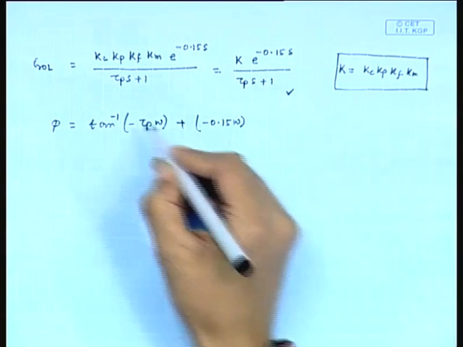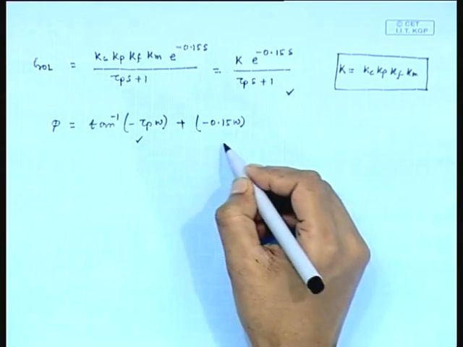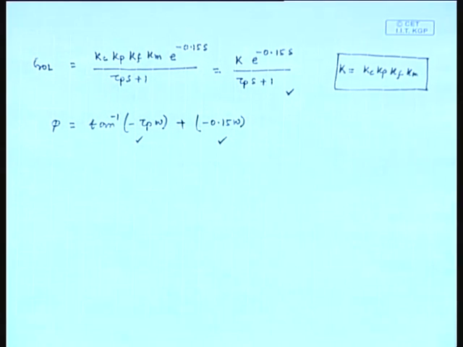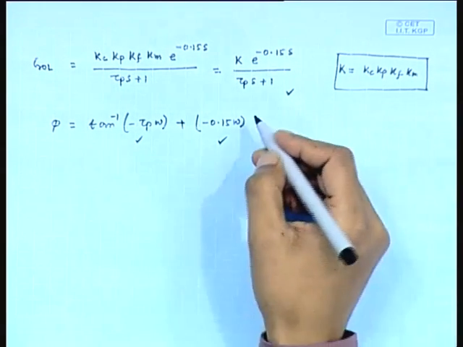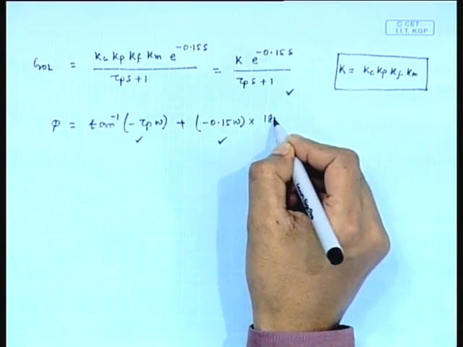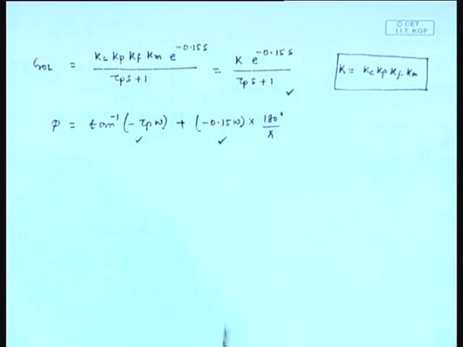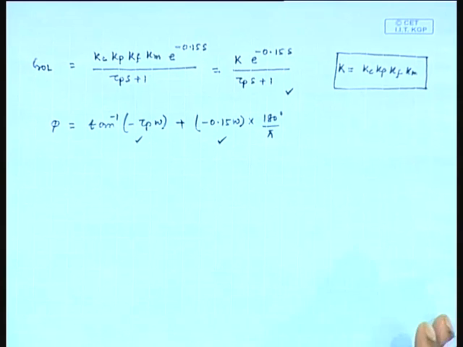Now, we can multiply with 180 degree divided by pi.